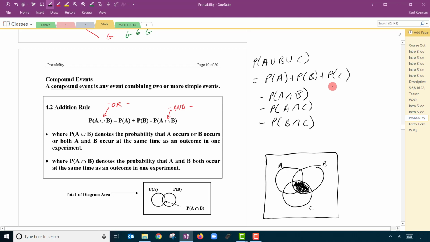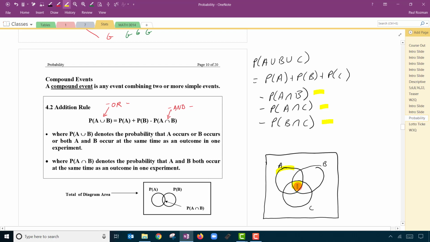And the worst part of it all is that this middle section, the very inner part, right here, was counted in A, it's counted in B, it's counted in C. But it got taken away in each of these pieces.